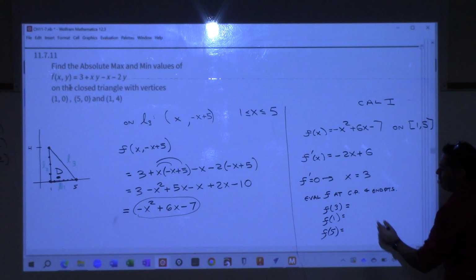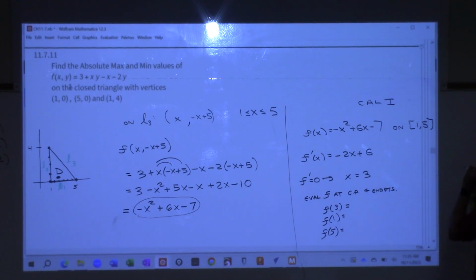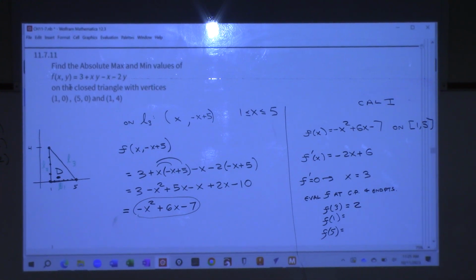So what happens when you plug 3 into the function right here? I get 2. You get 2. What happens when you plug 1 in there?